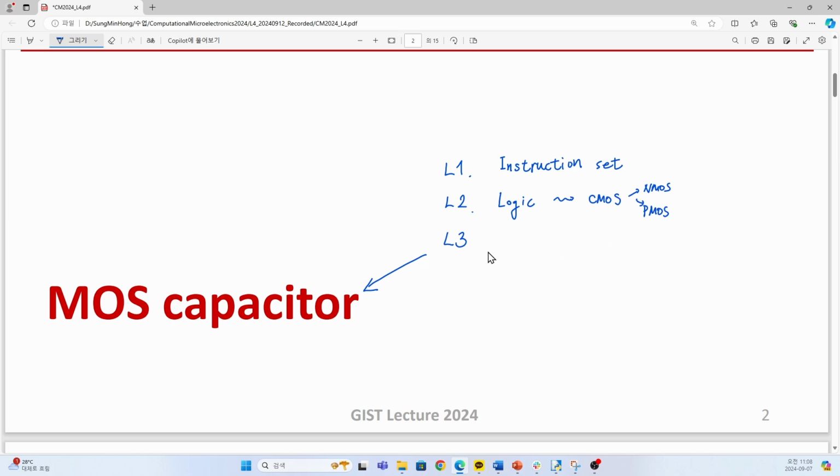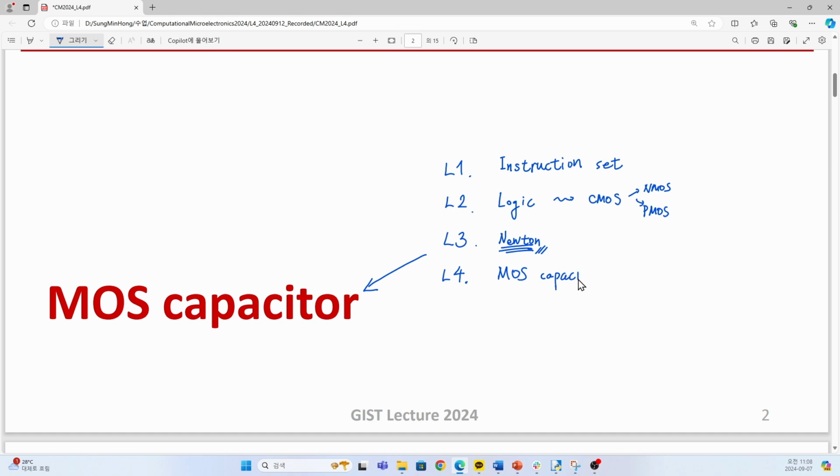After that, we have studied how we can solve a nonlinear equation originated from a certain physical constellation. Then we found that this is quite powerful to solve a nonlinear equation. So today's lecture, lecture 4, is devoted to a certain physical system called MOS capacitor.